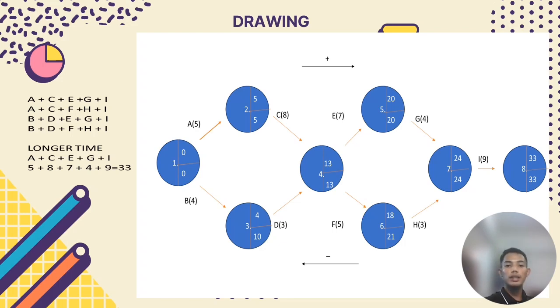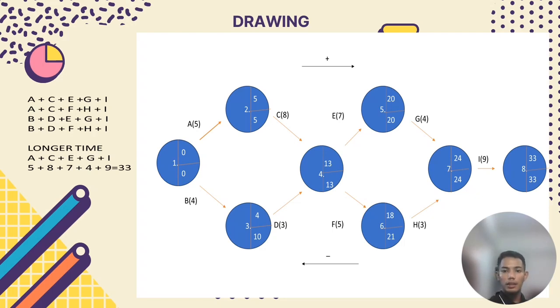So you write 13 for this, and for activity E, 13 plus 7 you get 20. And next, 20 plus 4 you get 24, and lastly 24 plus 9 you get 30. The final result has the same value, so you write 30 for this circle.